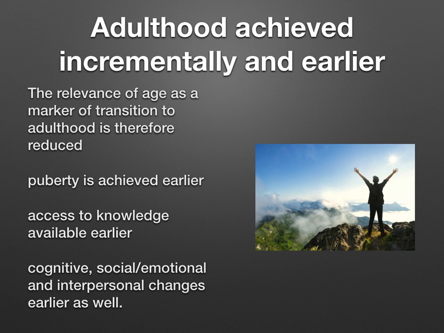The next part of this is where we see adulthood achieved incrementally and earlier. So the relevance of age as a transition marker is reduced. Puberty is achieved earlier, access to knowledge is achieved earlier, and there are lots of other cognitive and social-emotional changes as well.